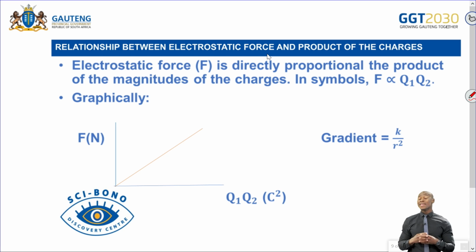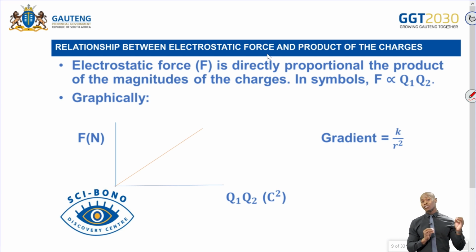So what is the meaning of directly proportional? It means that if the product of the charges increases by a factor of 2, even F, or the electrostatic force, increases by what? By a factor of what? Of 2. So that is the meaning of directly what? Proportional. If this one increases by a factor of 5 or 6, even the other one will increase by a factor of 5 or what? Or 6. So that is the meaning of direct proportionality.